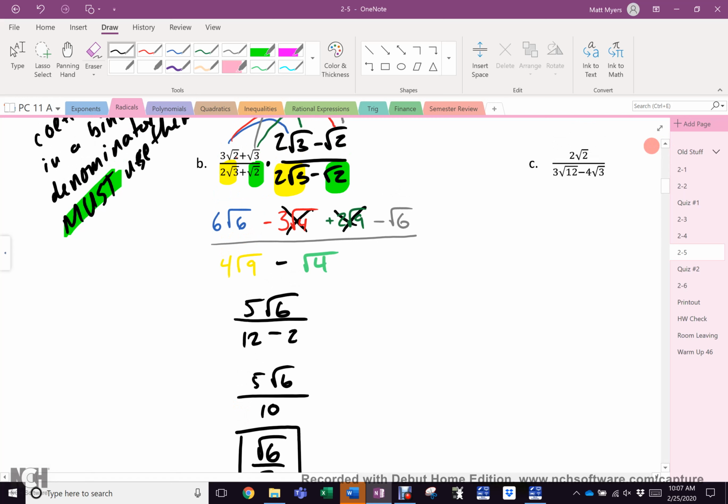nothing new today. Again, even that word conjugate, you already understand why that works because you've already done difference of squares. Right? You've already done double distribution.